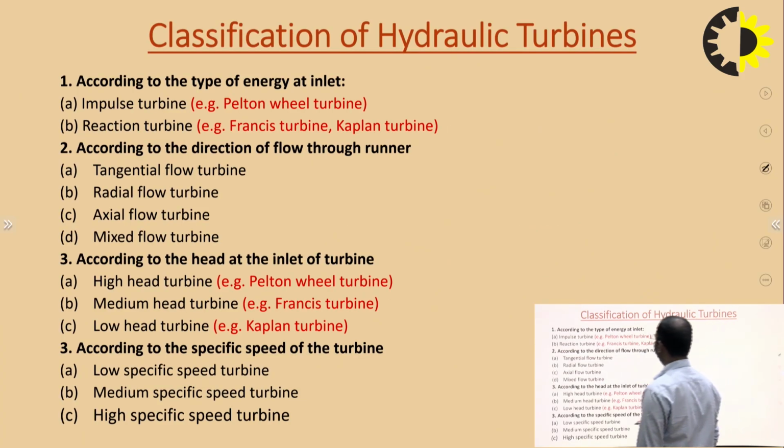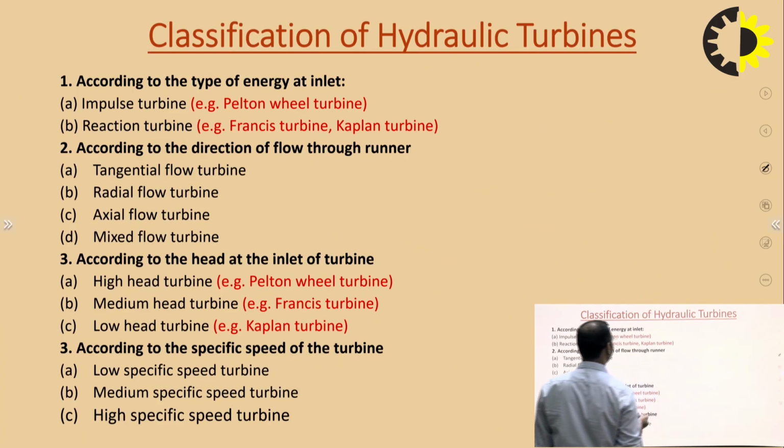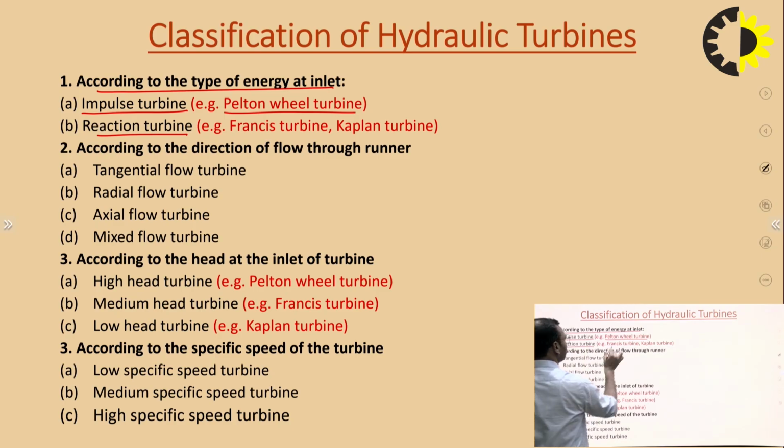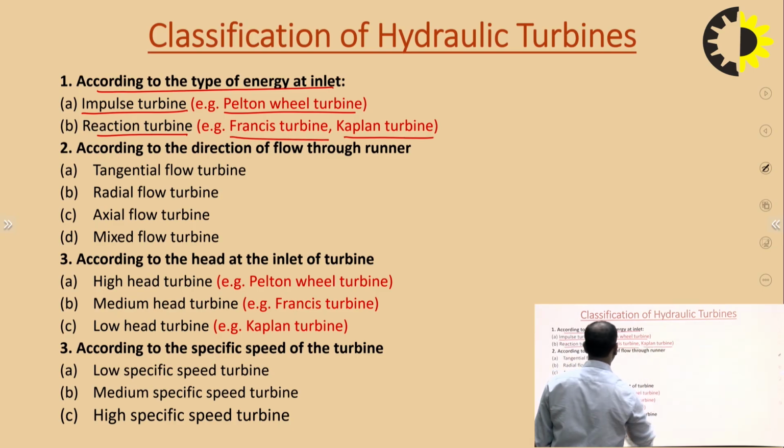Then, what is the classification of hydraulic turbines? According to the type of energy at inlet, it is classified into impulse turbine like Pelton wheel turbine and reaction turbine like Francis turbine and Kaplan turbine.